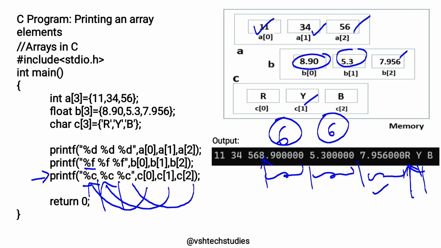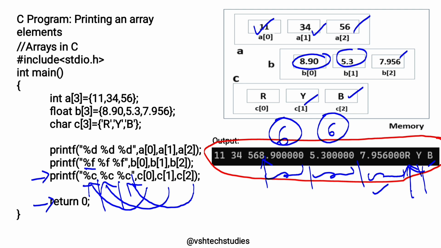Then C[2], that is B, will be printed. Next, no new line or no space. The next statement, return 0, means end of the program. That is how we have this printed on the monitor as per these three printf statements.